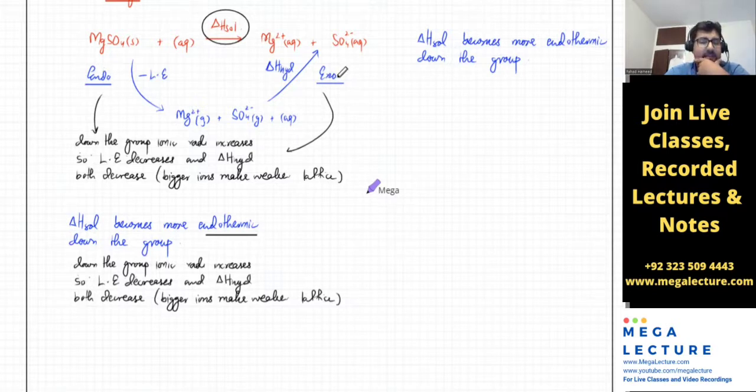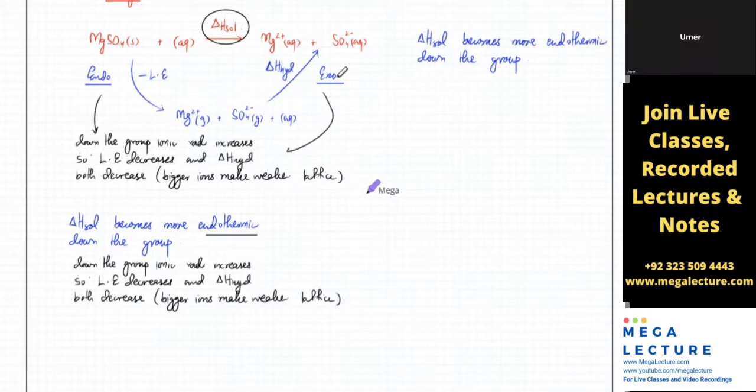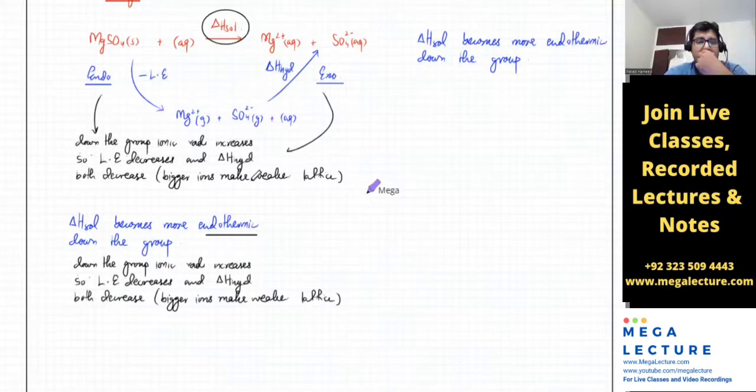Is that clear? Yes, sir. That's why the enthalpy of solution overall comes out to be endothermic, because the endo part is bigger compared to the exo part. So the last statement is that even though both of them are decreasing, bigger ions are going to form weaker lattices. It's going to become easy to break them, but they're also going to form weaker bonds as well.